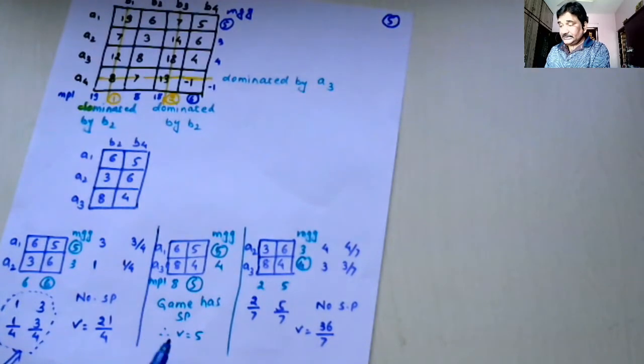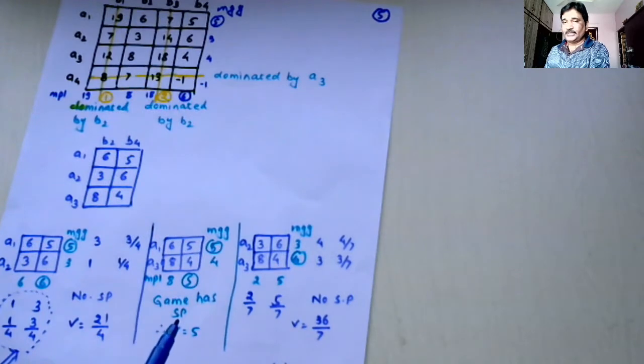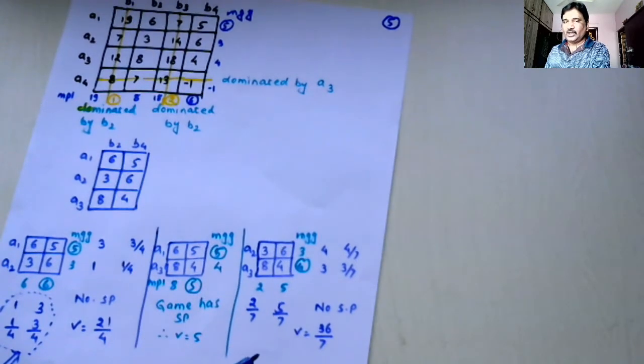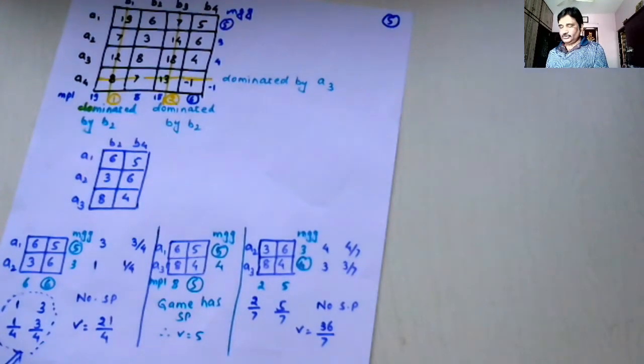In this case, if you attempt to solve this problem by the arithmetic method, you will get a wrong game value. So first check whether the game has a saddle point. If it has, don't use the arithmetic method. If it doesn't have, use the arithmetic method.